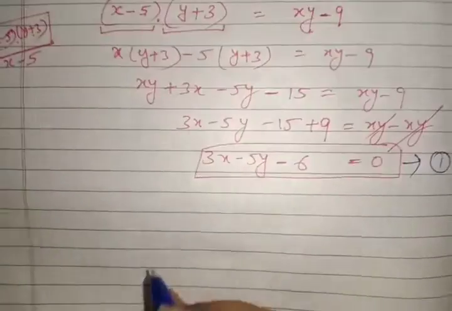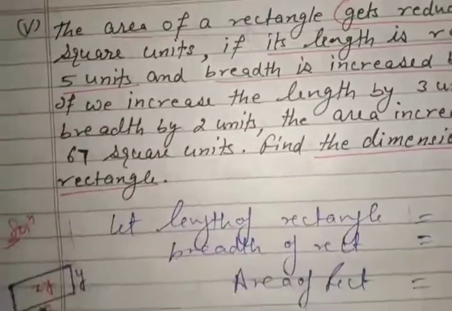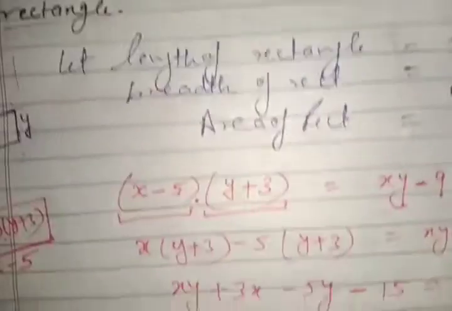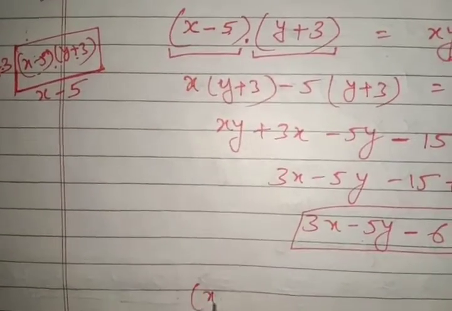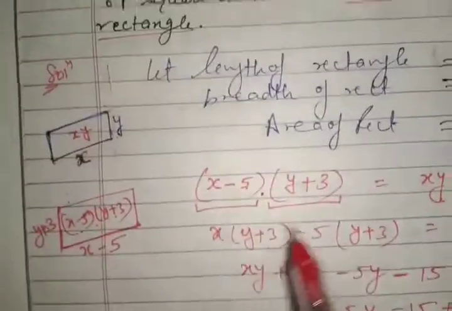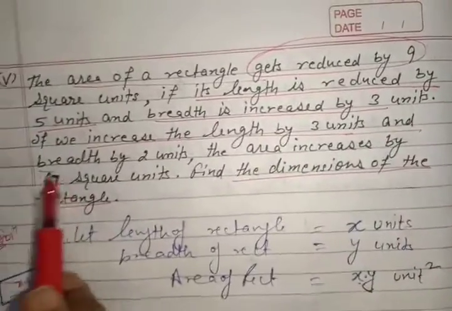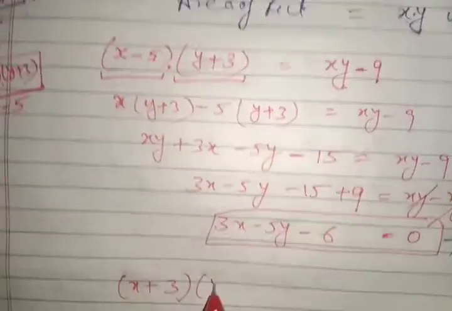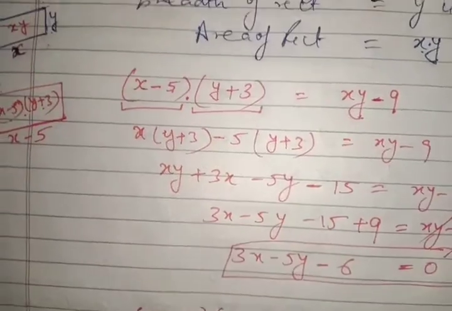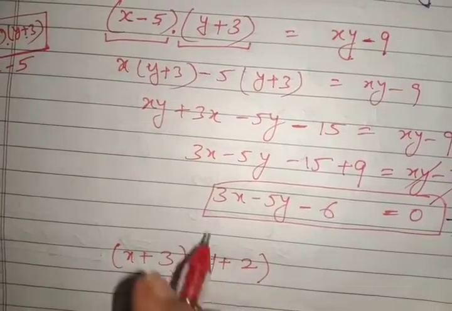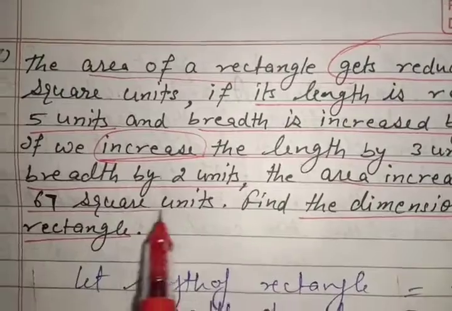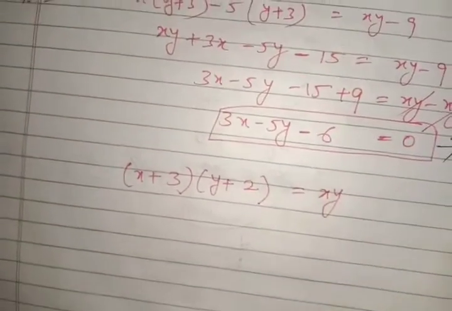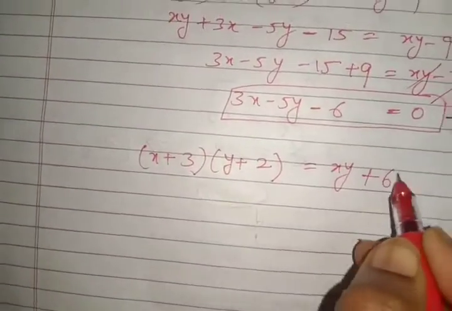Now the second case says, if we increase the length by 3 and breadth by 2, length is also increasing, breadth is also increasing by 2, length by 3 and breadth by 2, the area increases by 67.